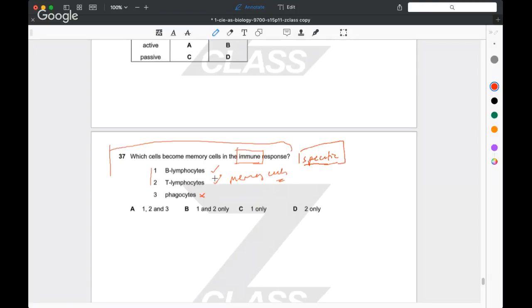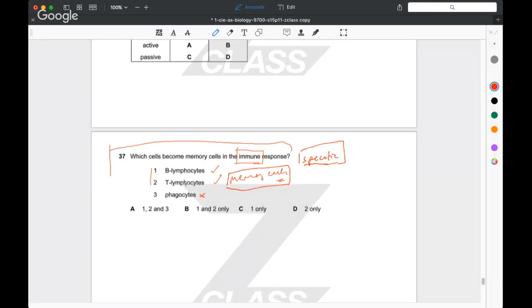And once these have been activated, then after the body has dealt with a particular pathogen and the antigen that it's presenting, you can have these long-lived memory cells which have a memory of a specific response to one specific antigen. So both B lymphocytes and T lymphocytes become memory cells.